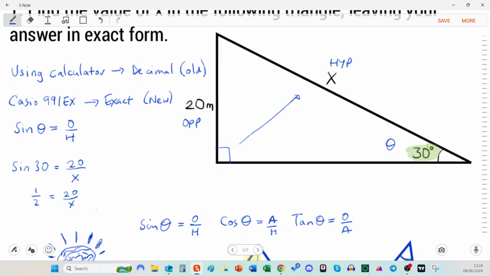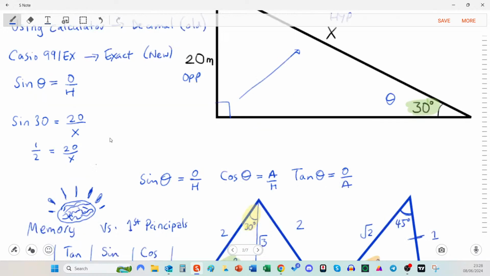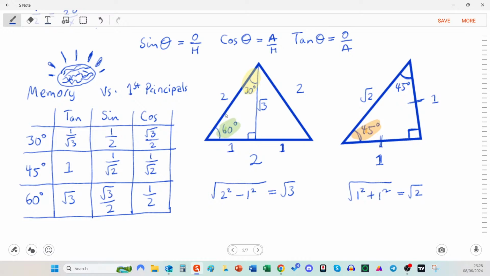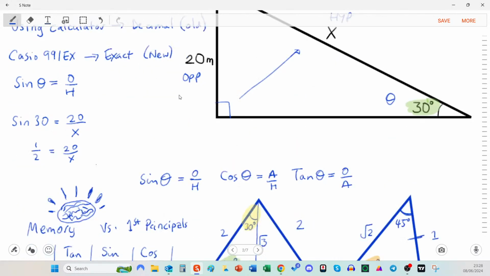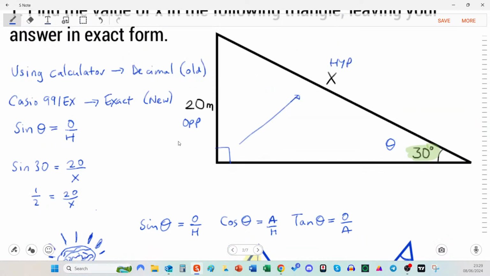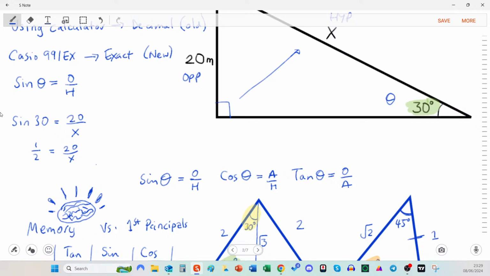Well, sometimes if you don't even have an idea about what's going on, like for example down here, sometimes this question is absolutely nonsensical. Like, what does it mean in exact form? But anyway, this is just the idea that you could have a question here that turns into something really nice that you could do without a calculator.